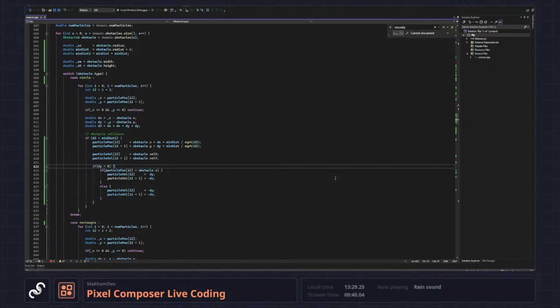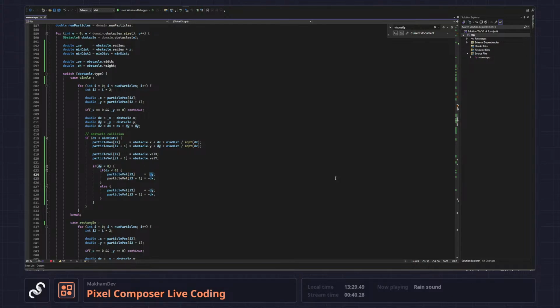That's kind of confusing. So if dy is less than 0 and the particle x is less than obstacle x, so dx less than 0, then you move to the left.